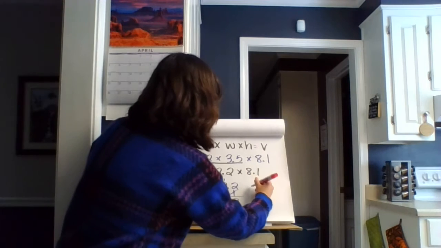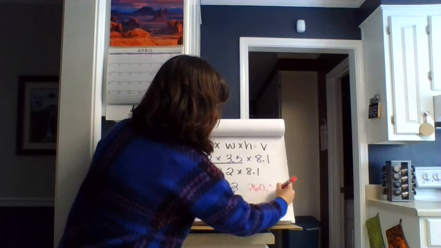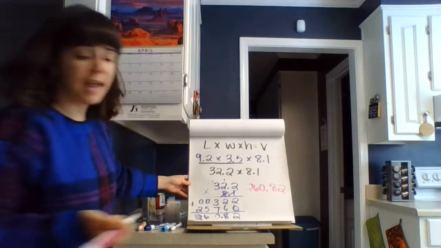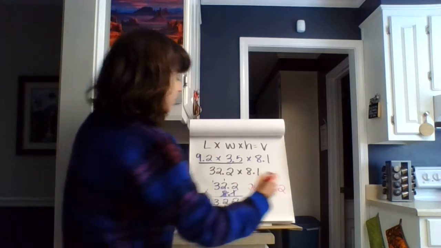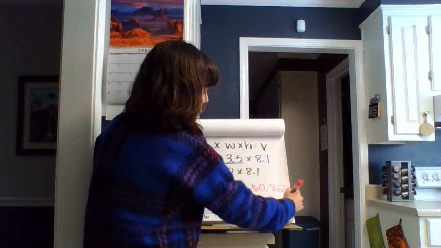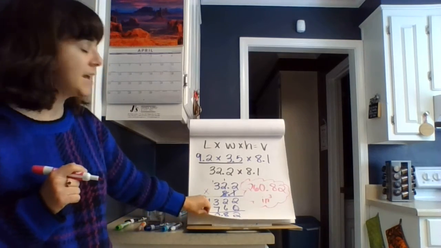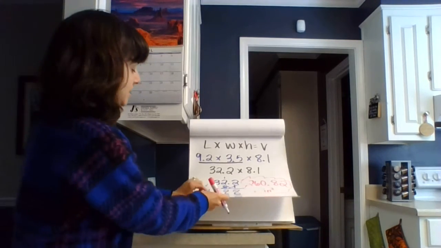So my final answer is 260 and 82 hundredths. And I was measuring in inches, so it's going to be inches to the 3rd power, or cubic inches, because I'm finding the volume. Okay, 260 and 82 hundredths inches to the 3rd power.